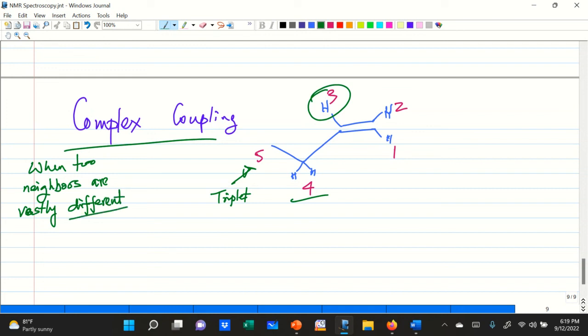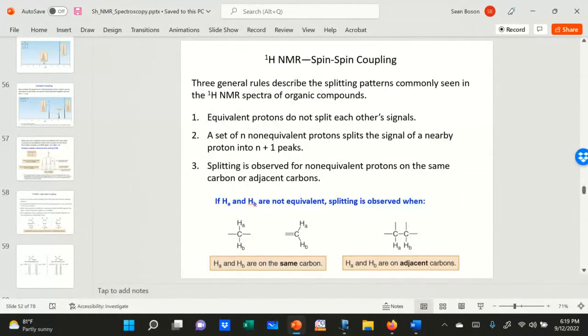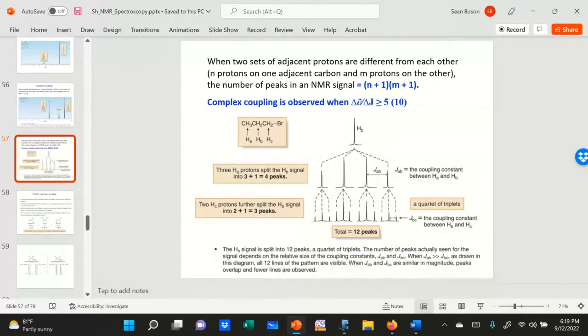It does not necessarily mean they have totally different chemical shifts, which they do, but there are additional rules to follow. Read this part in blue. Complex coupling is observed when this equation is met, which is delta nu over J, delta meaning the ppm scale, the difference in chemical shift between the two neighbors divided by their coupling constant.